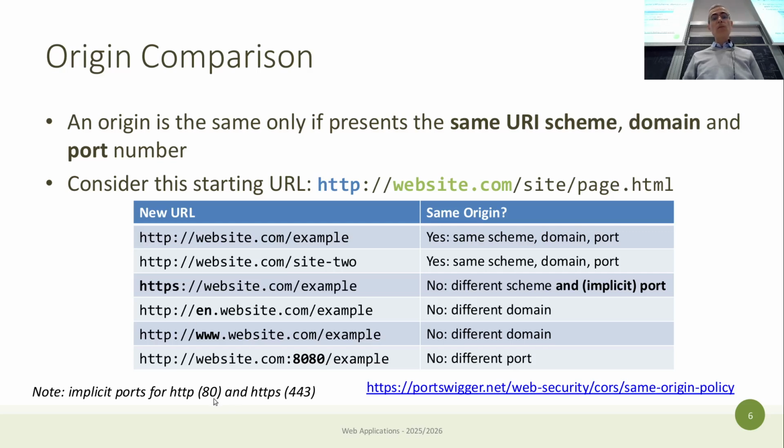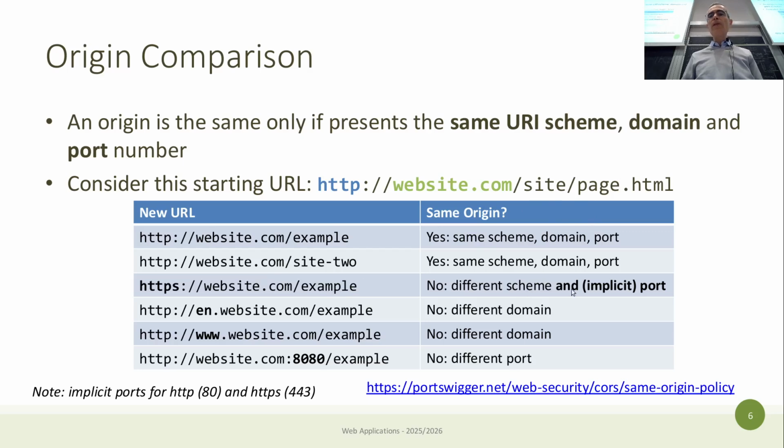By the way, HTTP is 80, maybe you already know, HTTPS is 443. Example, any other URL on the same host, that's fine, same origin. HTTPS, example.com and so on, or site page and so on.